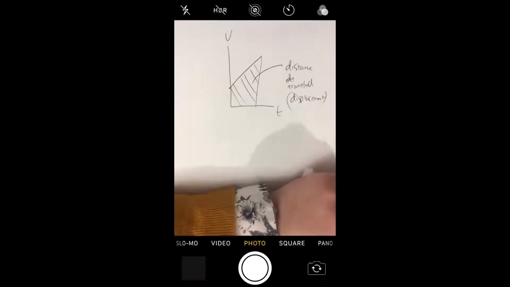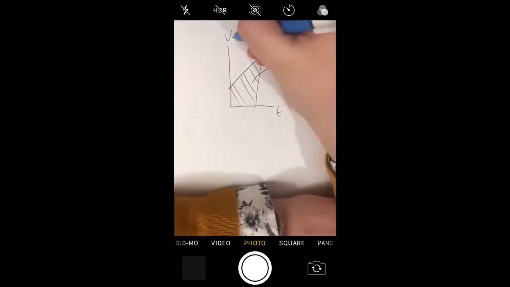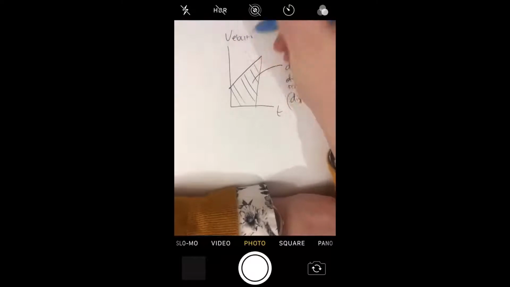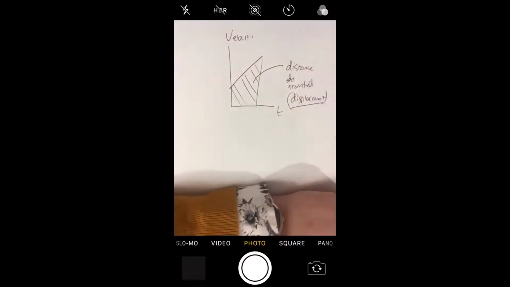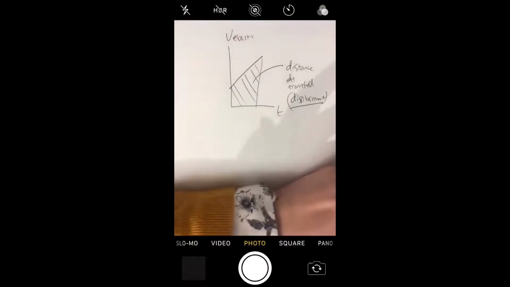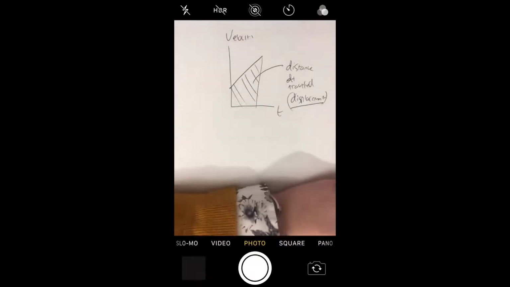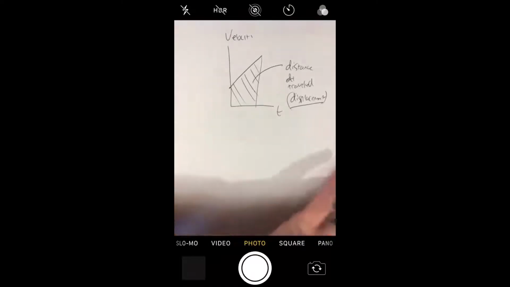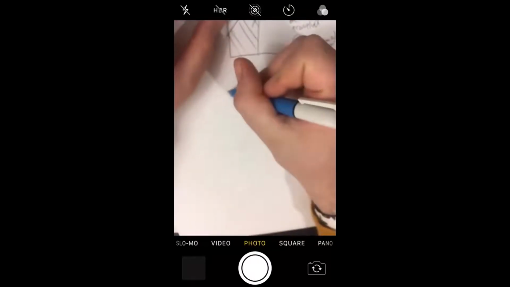In a velocity time graph, because we're dealing with velocity, this is actually the displacement. When I said it's the distance, well, usually displacement is actually the technical word. The reason sometimes you get into a little bit of trouble, and the reason that I'm taking the time to do this, is if you get something like this.